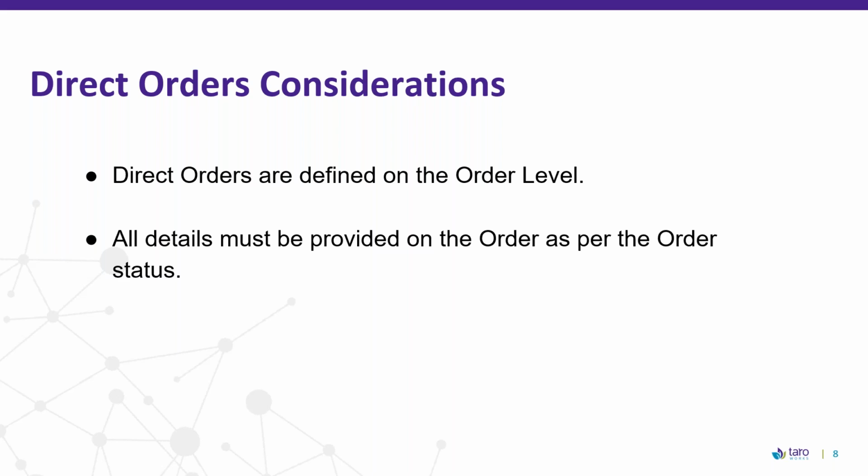So essentially, you will hit an error if the order is in a different status other than draft without setting the direct order flag to yes. That's why, when creating this order type, you have to confirm that the direct order has been set to yes, so that when you sync, it doesn't bring up any errors on your end.